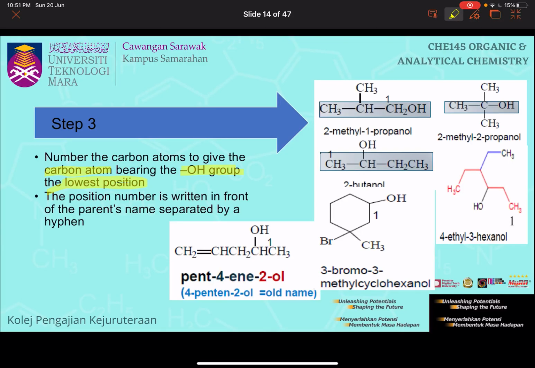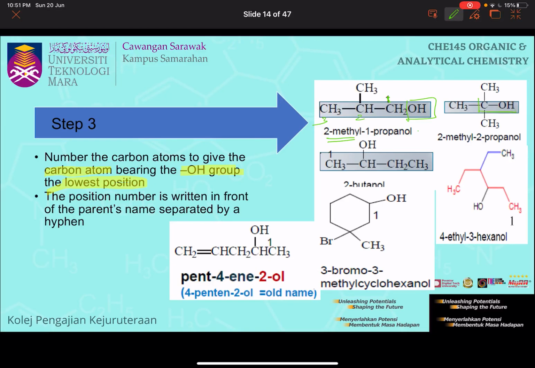For example, we look at 2-methyl-propanol. Automatically where the OH is, this would be carbon 1. If this is carbon 1, then 2, this is carbon 3. Or if you want to go up, you also can, but the methyl will still be on carbon 2, and then 1-propanol. Here is another one, we have 2-methyl 2-propanol.